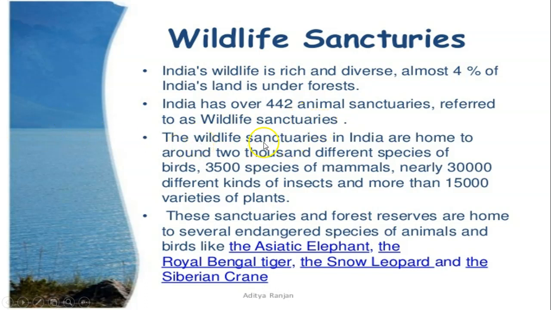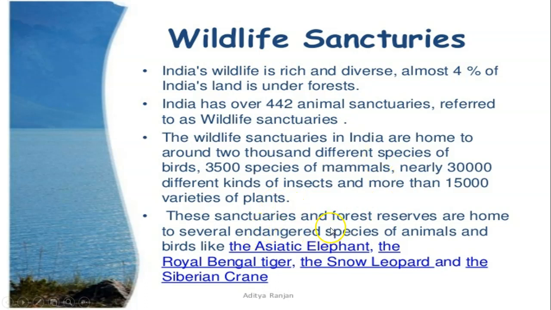The wildlife sanctuaries in India are home to around 2,000 different species of birds, 3,500 species of mammals, nearly 30,000 different kinds of insects, and more than 15,000 varieties of plants.